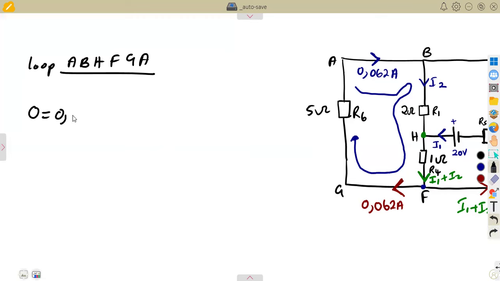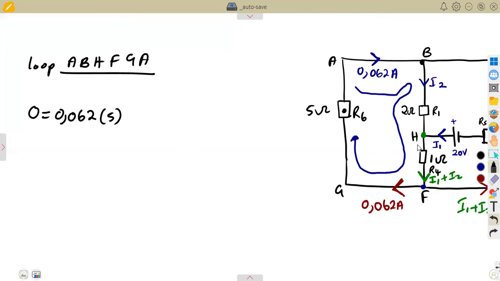So it's the current of 0.062 times the resistance. In this branch from F to G to A to B, we only have this resistor of 5 ohms. Current times resistance, that's our voltage drop, our potential drop.